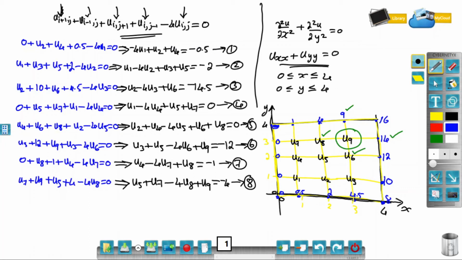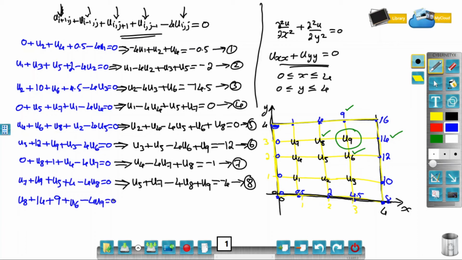So now by applying standard 5-point formula, we have u8 plus right point is 14 plus bottom point is u6 plus top point is 9 minus 4 into current point is u9 equal to 0.